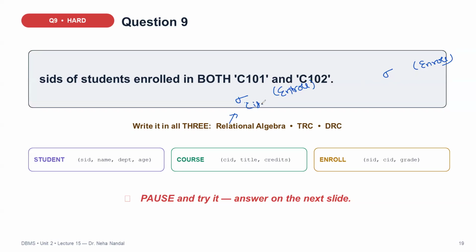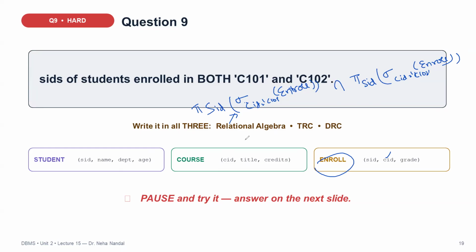One time CID is C101 and another time CID is C102. So from the enroll table, we are selecting this CID. But we want to display the SIDs. Both are part of the enroll table, so no need of two tables. Correct. So you will project SIDs of this one first, and then you will project SIDs of this one. And then you will simply take the intersection of them. Common of both.